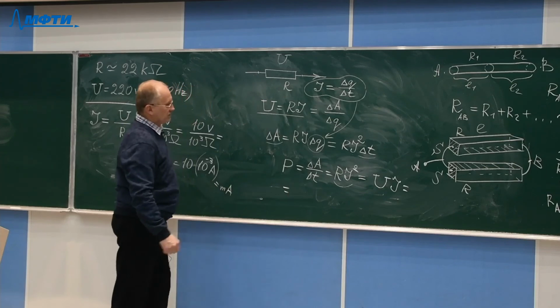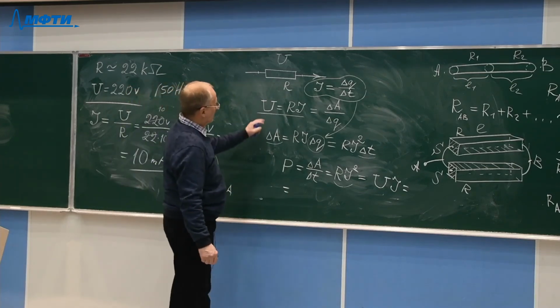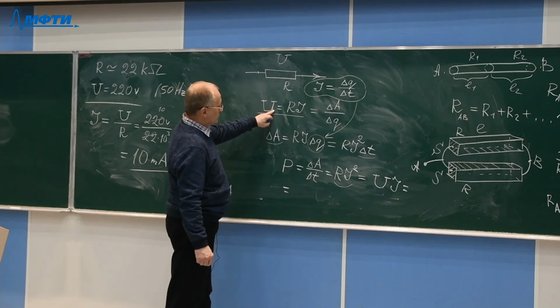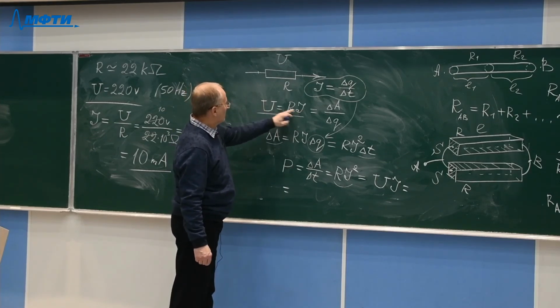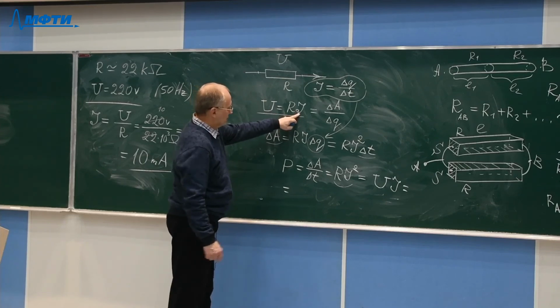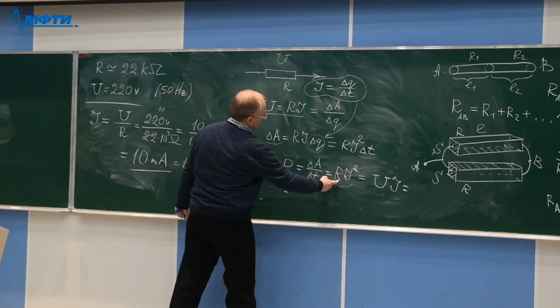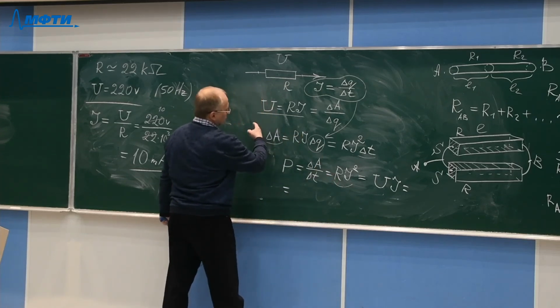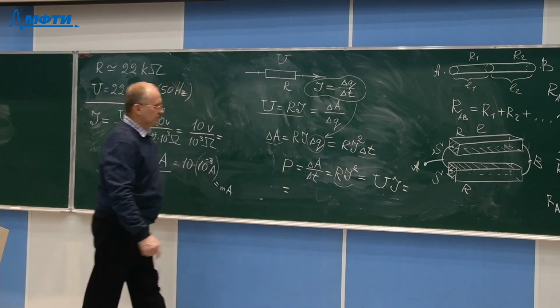Also using the resistance as the potential difference divided by current, we may rewrite this formula, substituting for the resistor U divided by I, and we will obtain the same thing, certainly.